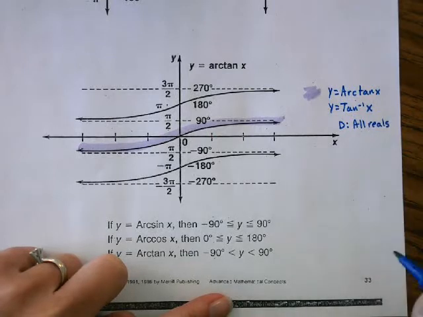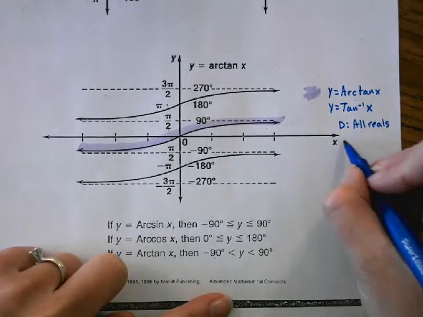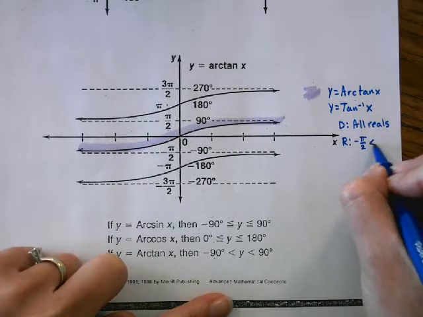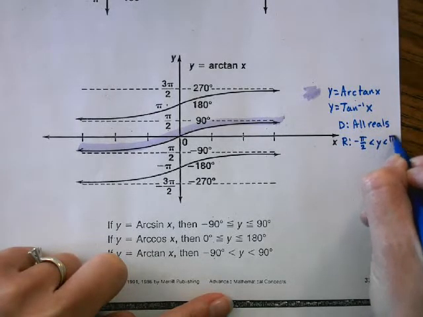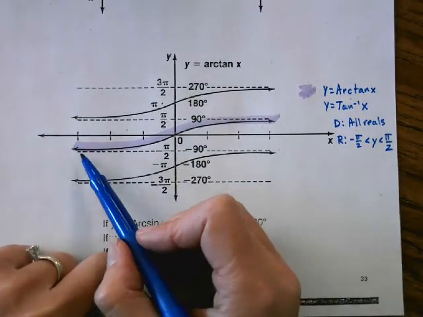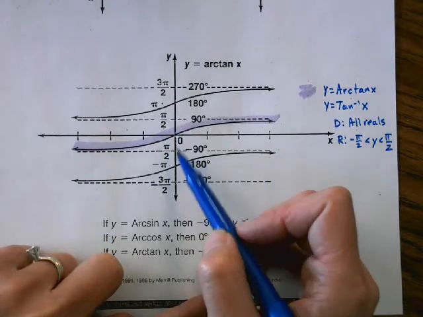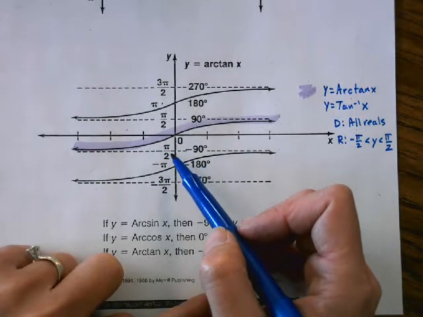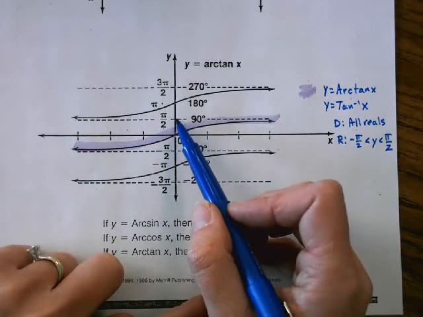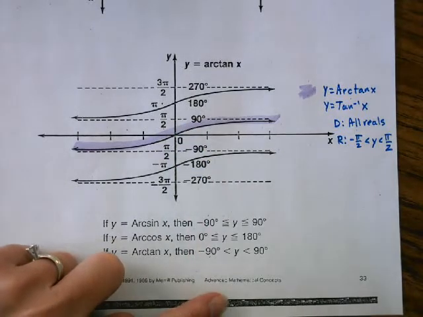We can plug in any number we want and get a value out. This one's range is going to be from negative pi over 2 to pi over 2. This is non-inclusive because tangent at pi over 2 and negative pi over 2 is undefined. The inverse is undefined. You won't ever get pi over 2 or negative pi over 2 as an answer.